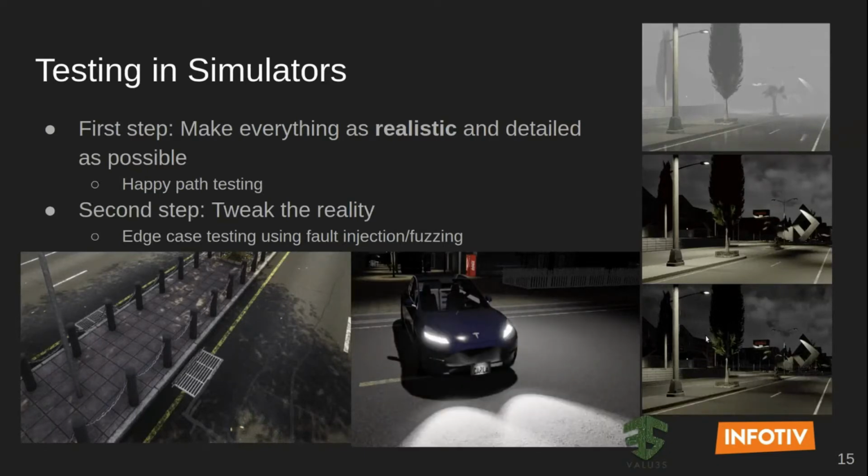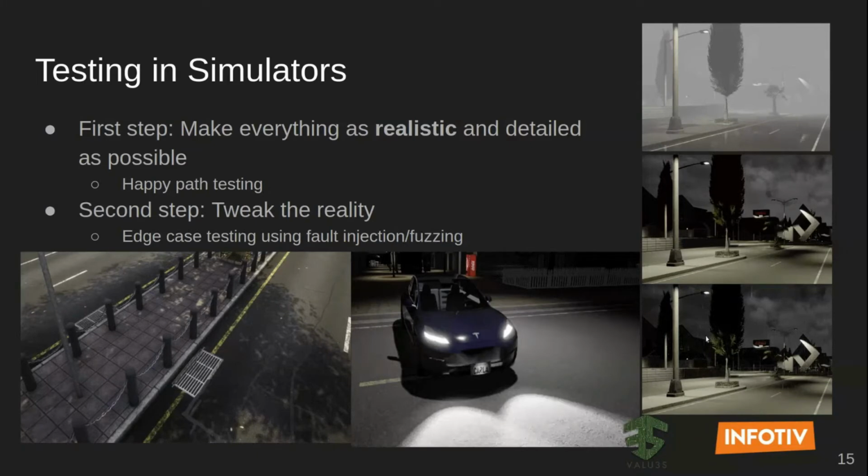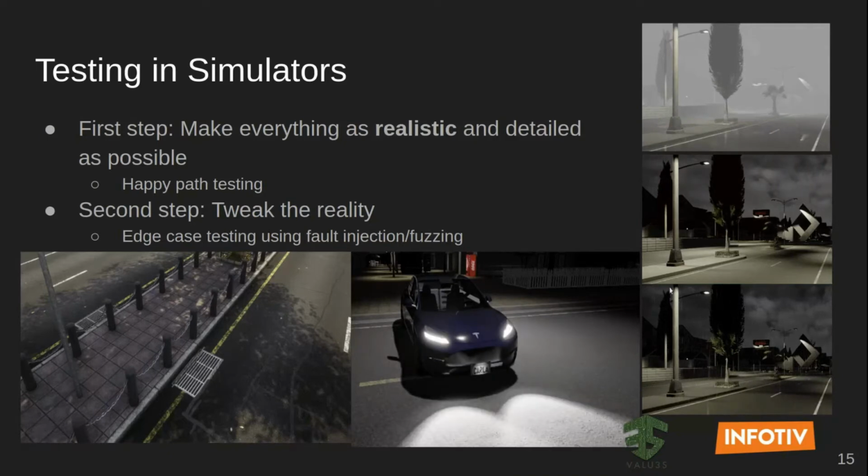For testing an ML model in a simulator like CARLA, our first goal is to make everything as realistic as possible, just to test the happy cases. Can the car drive in a normal situation?